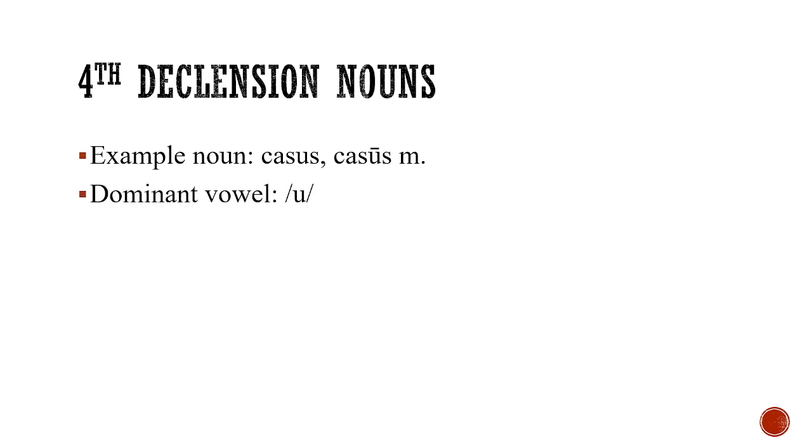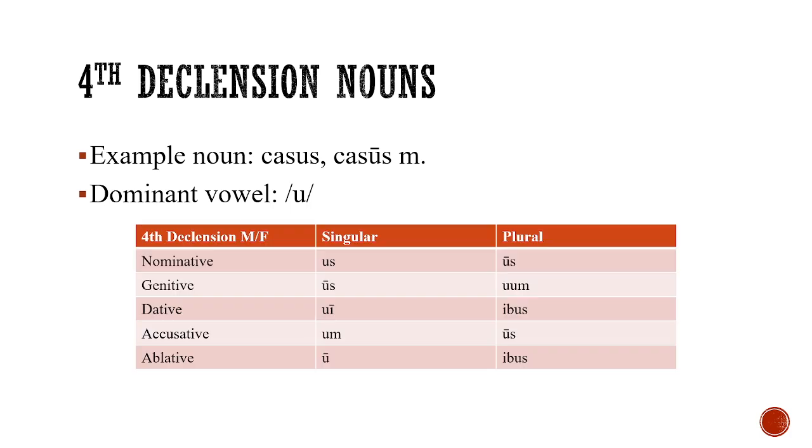The dominant vowel is U. We can see it here in the nominative singular casus and the genitive casus. So that means we're going to see a lot of U's when we see this chart. So what does it look like? Well, it looks like this. So the nominative is us, as again the vocab tells us. The genitive is us, as again the vocab tells us.